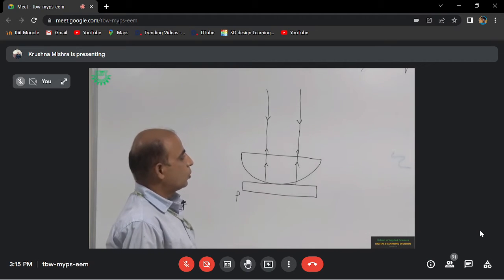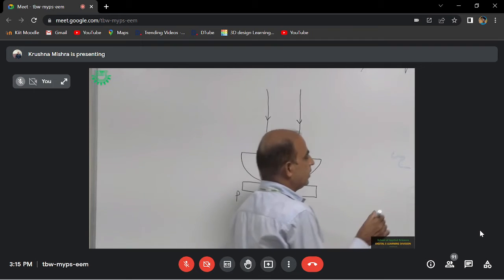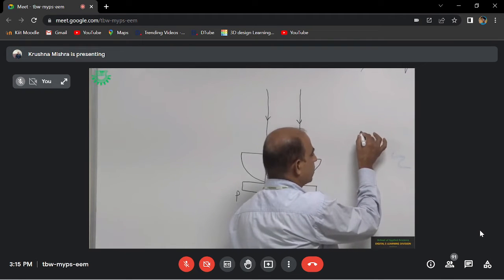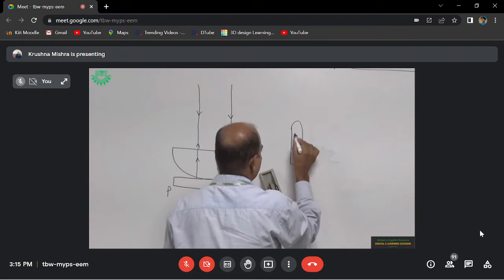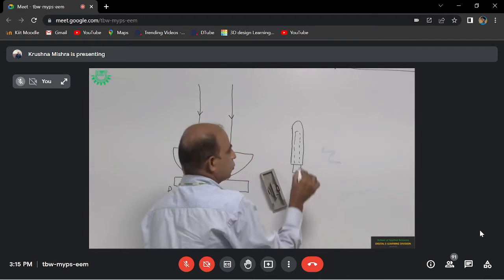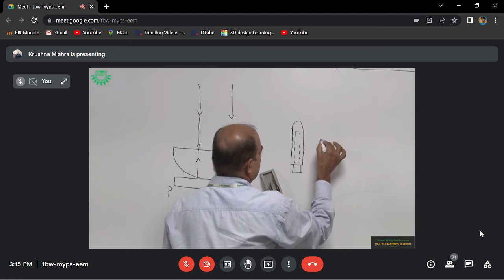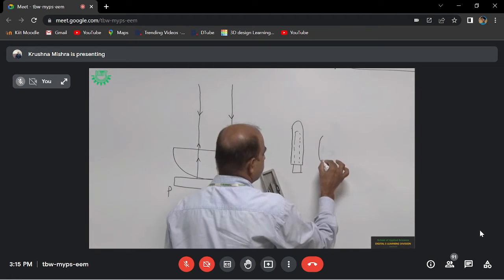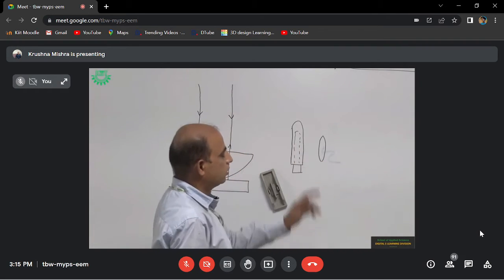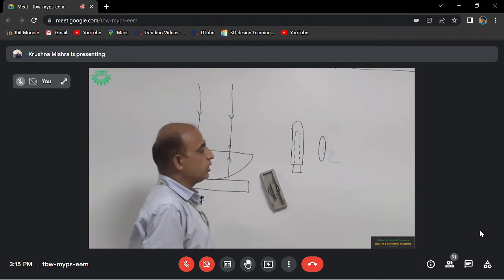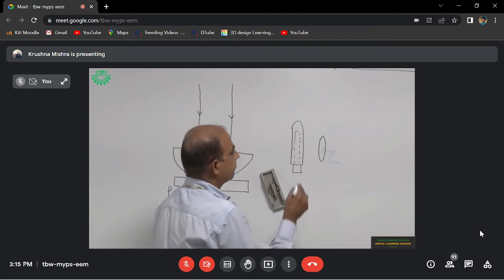So we will see here there is a monochromatic light. A double convex lens is kept in front of this sodium lamp which gives a monochromatic light.